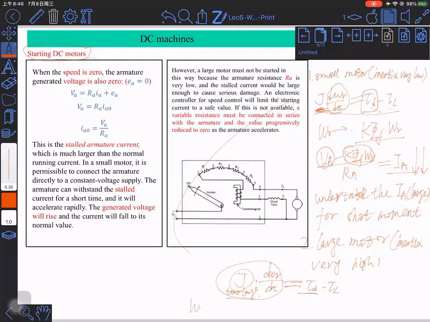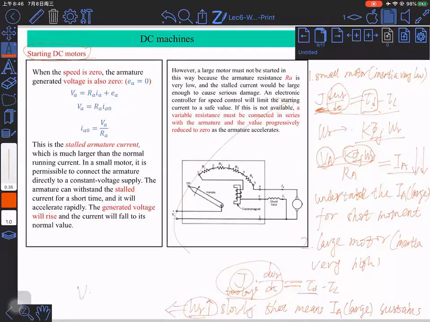And if the speed increases slowly, that means the large armature current has to sustain for a while, because your ω_R increases very slowly, and most of the time it is around 0, a very low value.